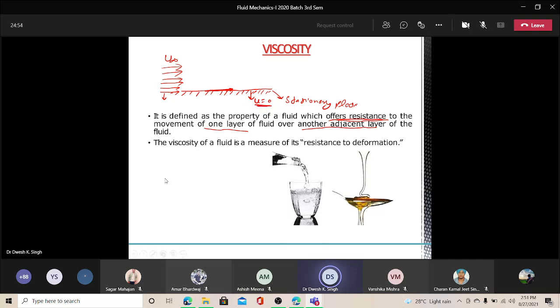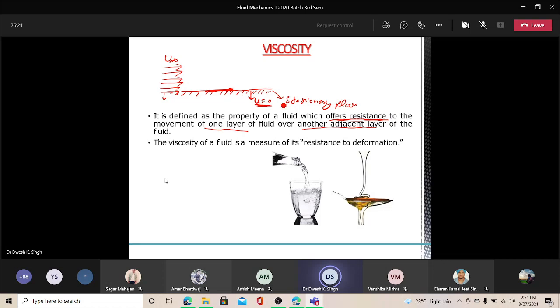This is the reason why, after moving of any liquid over a surface, it is wet, because the layer which is in contact with this plate comes to rest due to these properties.